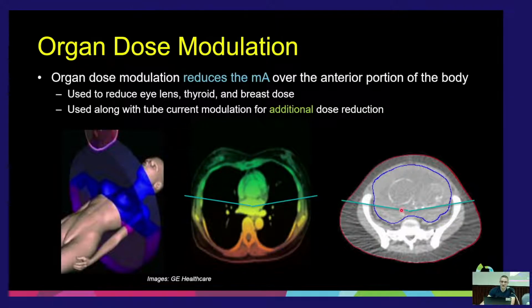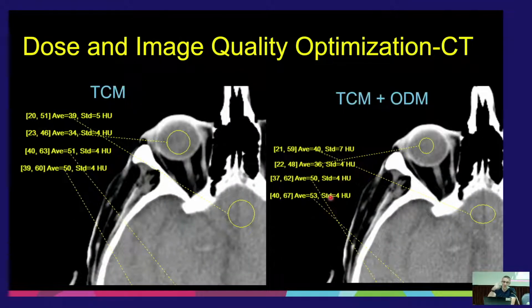Because as you can see here, I just put these lines here. So it's just a general location, but the mA doesn't fully reduce over the entire fetus. And you would hate to reduce the fetal dose only to half the body and then increase it to the other half. So that's the only reason I say we use it, because our two main vendors at our hospital do not increase the mA on the backward sweep. So we feel that it's safe.